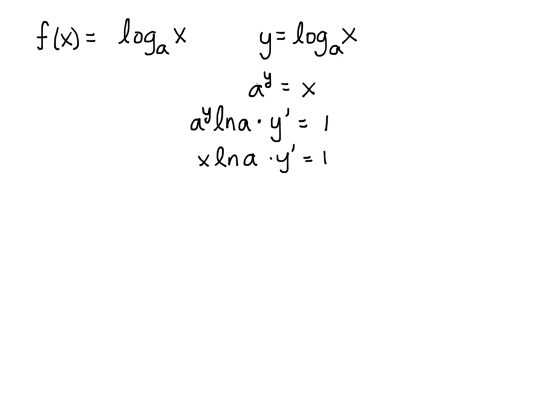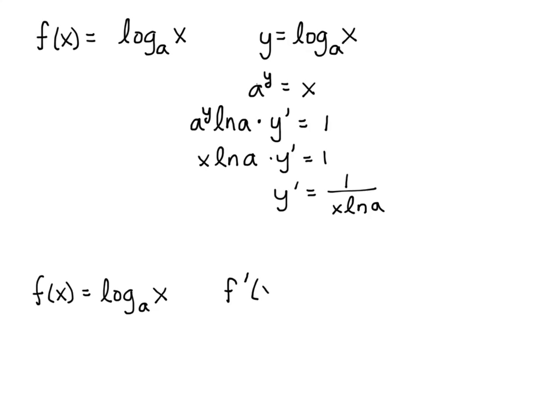We substitute that original a to the y here. We know that a to the y is x because that's what we started with. And so we get y prime equals 1 over x ln a. And so that's the last of our 4 rules.